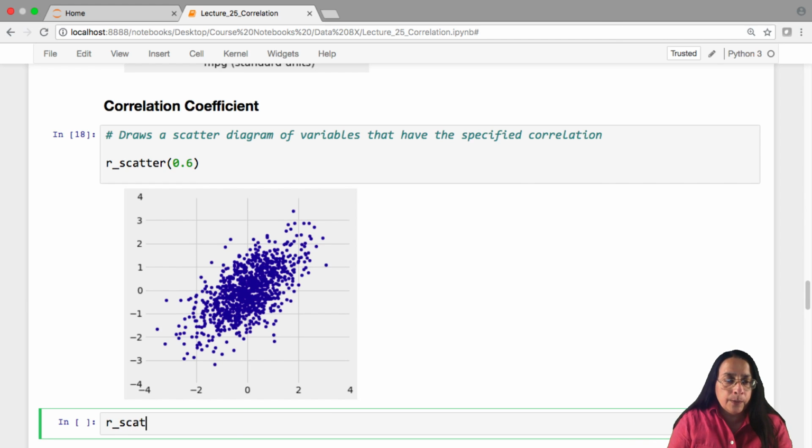So if I now ask for R scatter and I pass the argument, why don't we try 0.9?